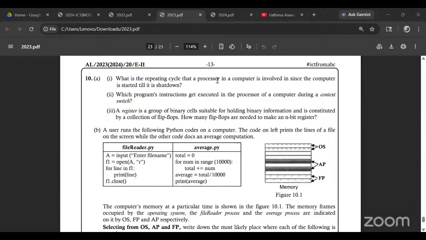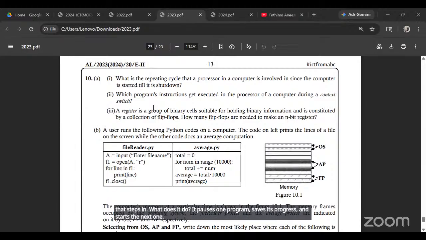The first one was the fetch, decode, execute cycle, and the second one is the operating system. Now, when a context switch happens, the kernel is the part of the operating system that steps in. What does it do? It pauses one program, saves its progress, and starts the next one.